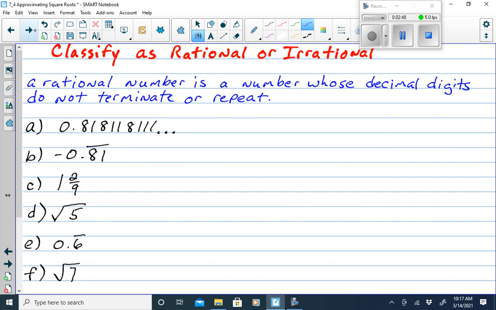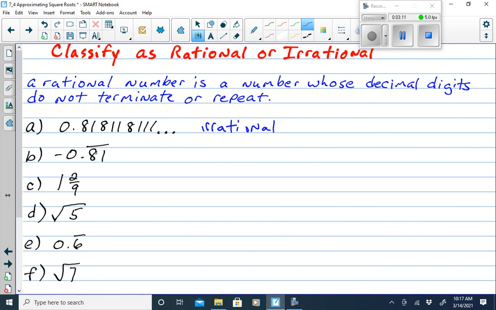All right, we continue. We want to classify as rational or irrational. An irrational number is a number whose decimal digits do not terminate or repeat. We look at this first example. This decimal does not terminate or repeat, so that's an example of an irrational number.